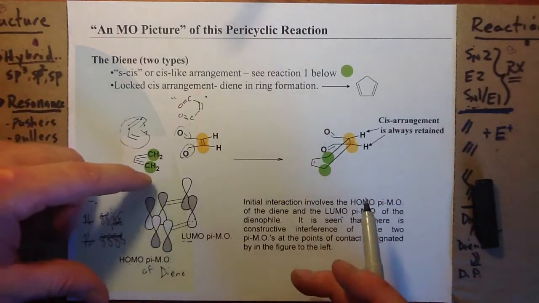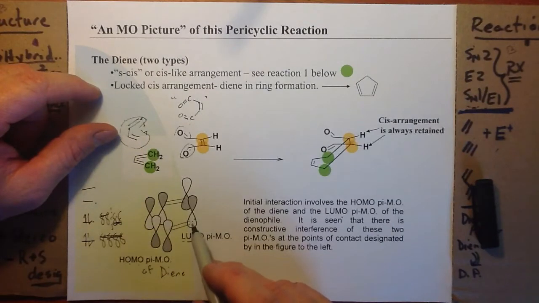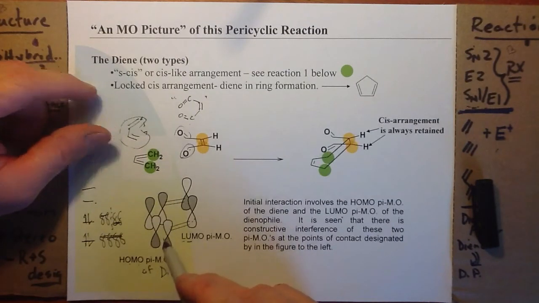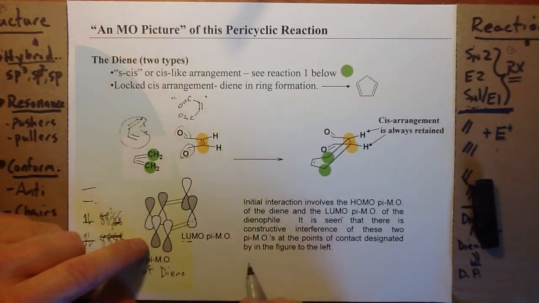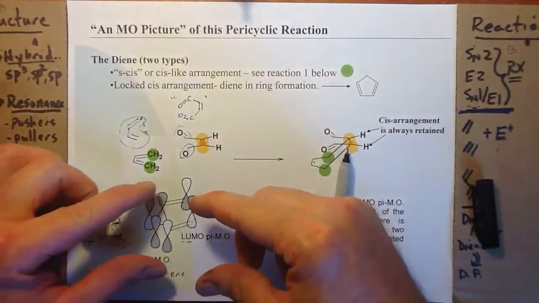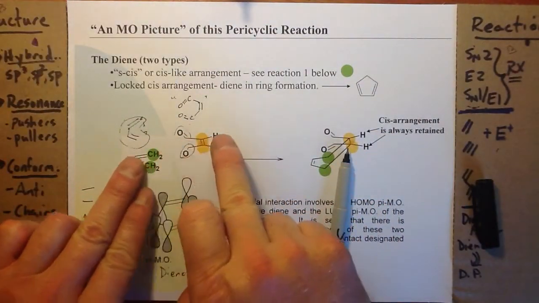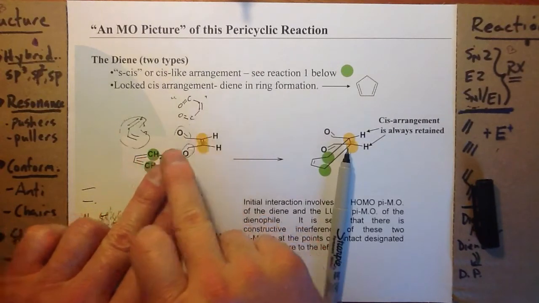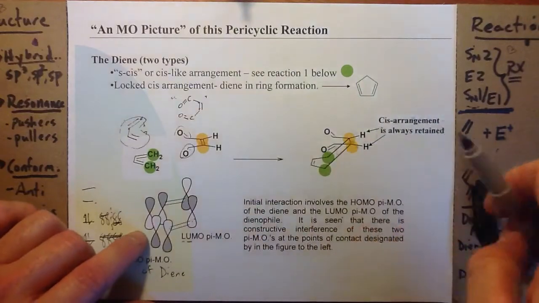We could consider other overlaps, the HOMO of the alkene and the LUMO of the diene, but we're just going to show just one of these. And it's seen that this is constructive interference. So if we have, again, the orientation where it's not the same plane, but a little bit off of the same plane, parallel planes, we can get this constructive overlap.